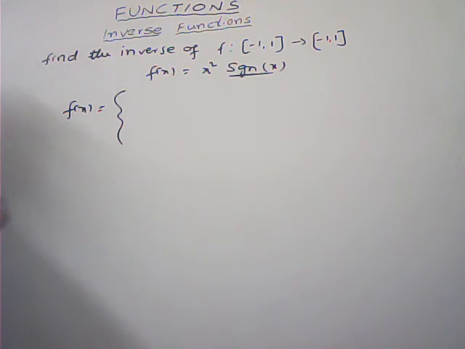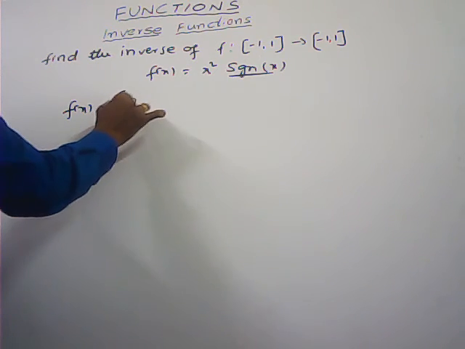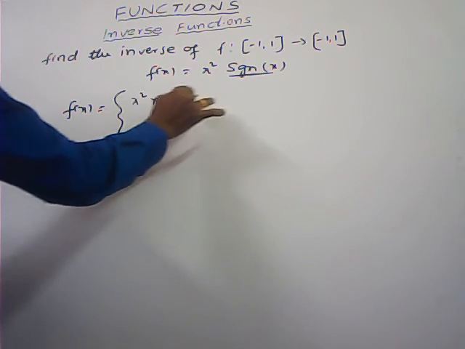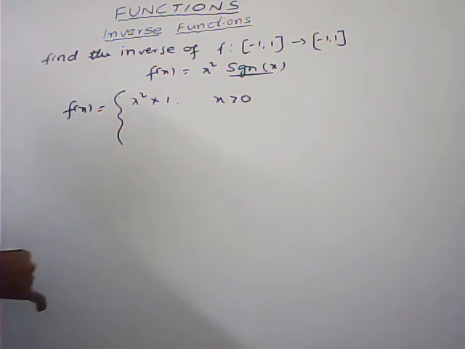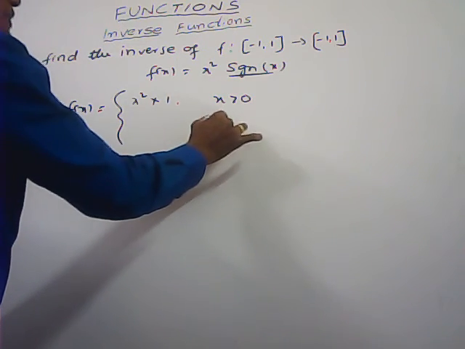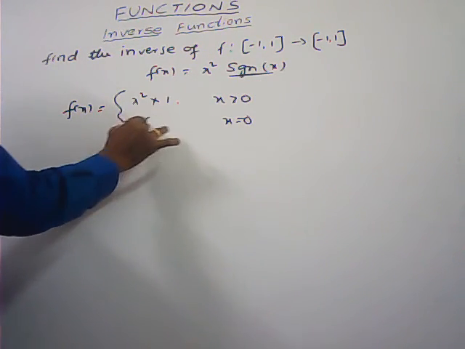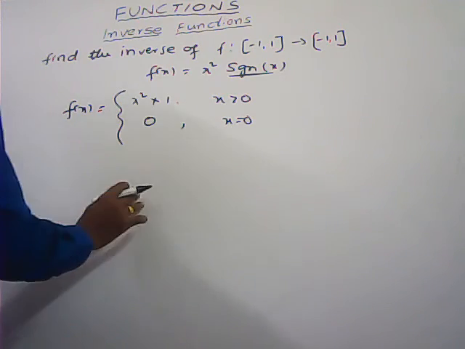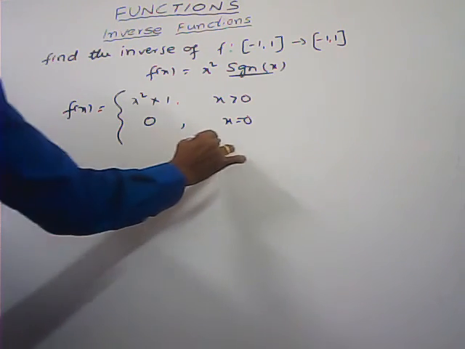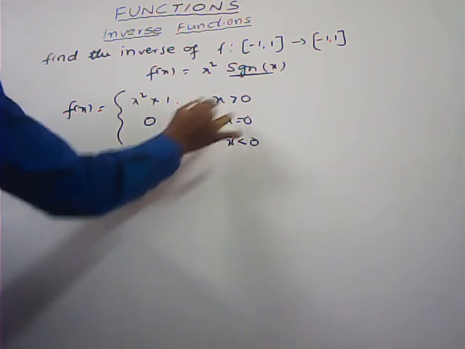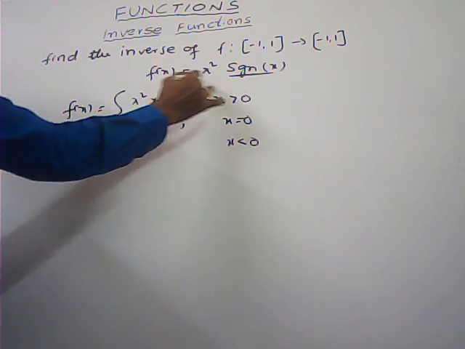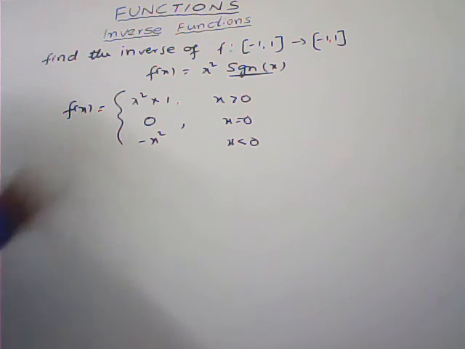If x is more than 0, signum of x equals 1, so 1 into x square if x is more than 0. If x equals 0, signum of x equals 0 only, so 0 times anything we get 0. And signum of x equals minus 1 if x is less than 0, so minus x square we are getting.